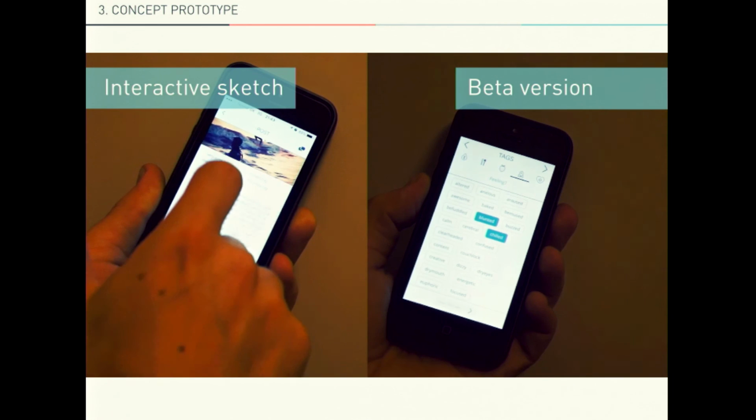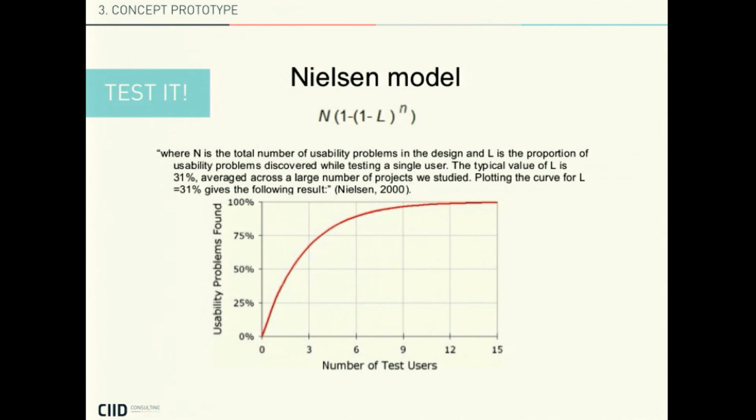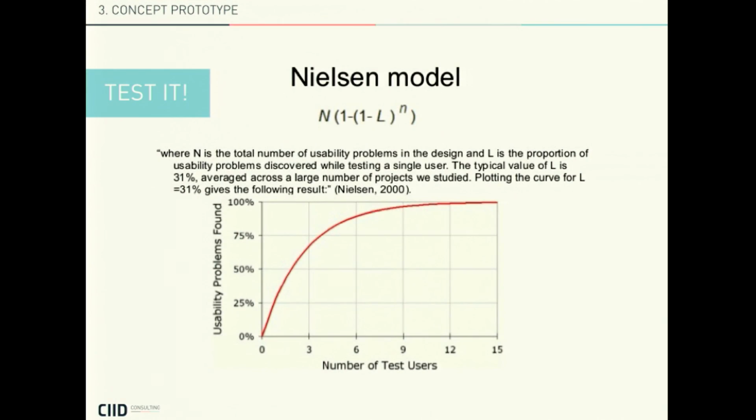And then my last comment: test it. Because it's proven, and this is not even recent, it's from 2000, that most usability problems you can figure out with 3 people, 75 percent.